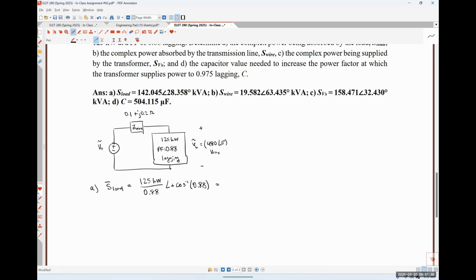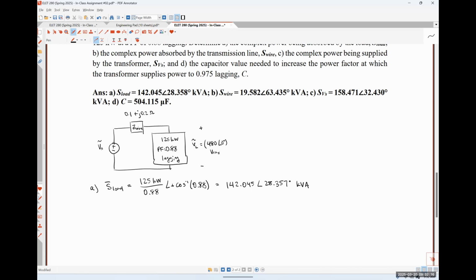All right, so let's throw this into our calculators. 125 over 0.88, angle inverse cosine of 0.88. I got 142.045 with an angle of 28.357 degrees kilovolt amperes.